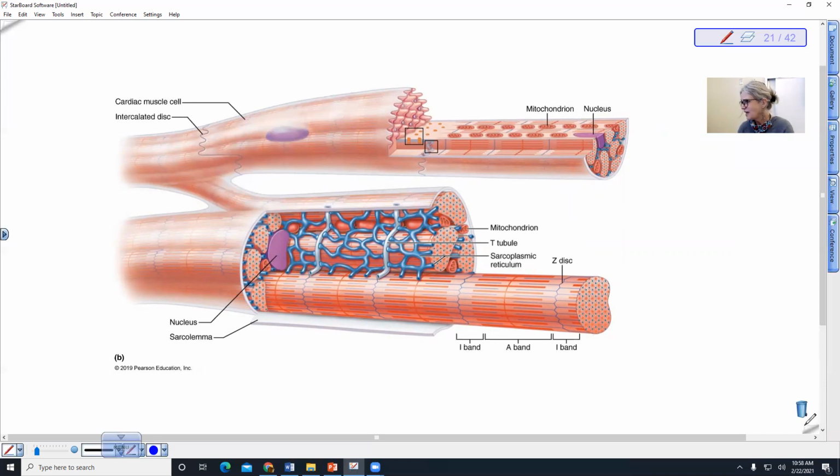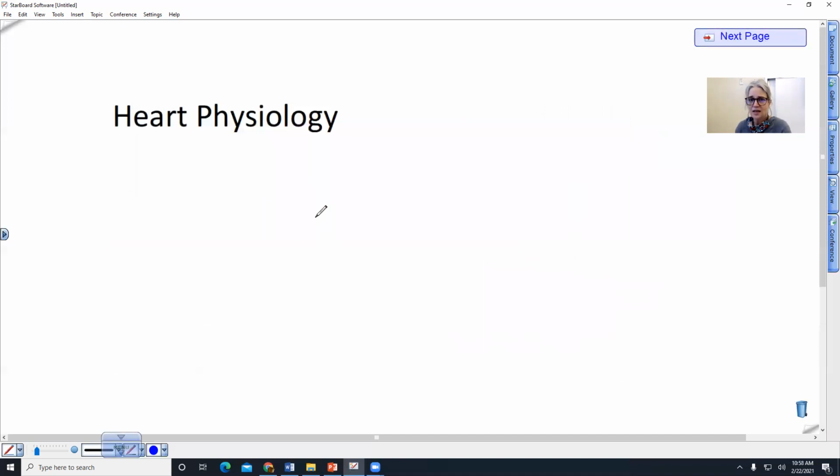So let's talk about that heart physiology. Let's talk about what happens when you get a contraction of a heart cell. So we talk about an impulse. And this is a change in the membrane potential of a cell.